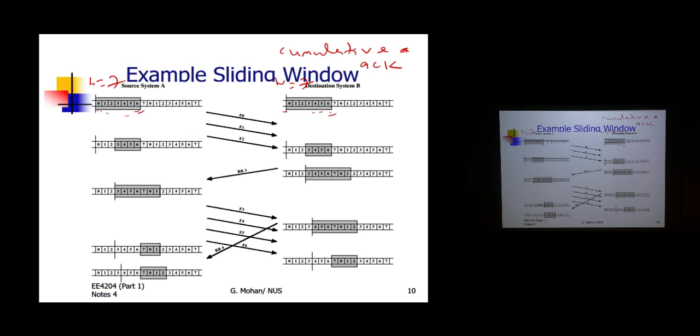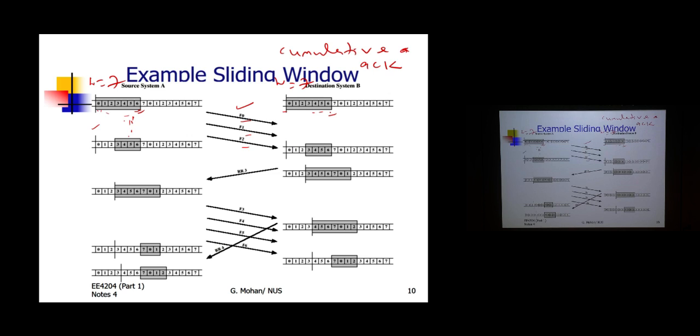Again, this is one example. Let's look at the state of the window. Frame 0 is first transmitted, and this will be updated. We are not showing the state of the window in between. Let's say we are interested to know the state of the window after the transmission of 0, 1, 2. So 3 frames are transmitted from the sender.